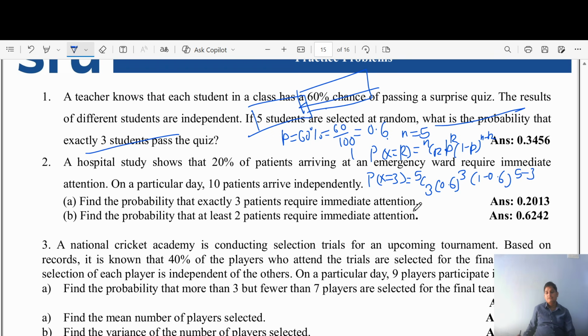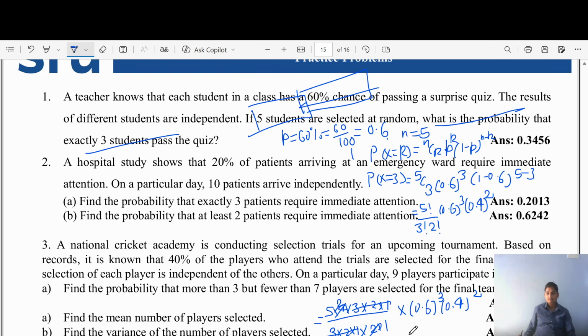If we evaluate this, 5C3 means 5 factorial over 3 factorial into (5 minus 3) which is 2 factorial, into 0.6 to the power 3, into 0.4 to the power 2. We can evaluate by calculator, or write 5 into 4 into 3 into 2 into 1 for 5 factorial, 3 into 2 into 1 for 3 factorial, and 2 into 1 for 2 factorial. The 3 2 1 cancels out, leaving 5 into 4 over 2, which is 10, into 0.6 to the power 3 into 0.4 to the power 2.